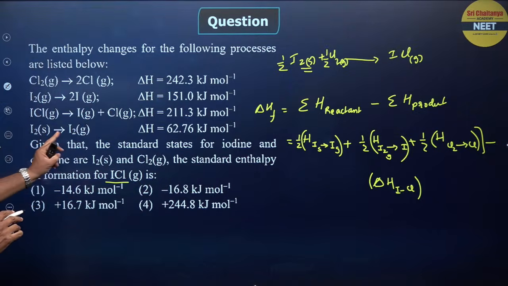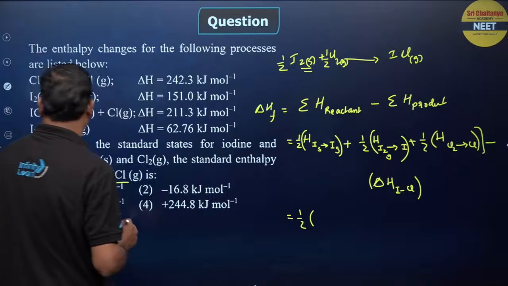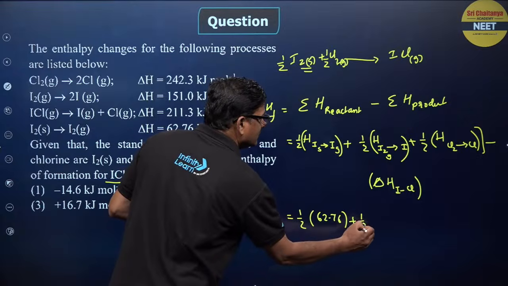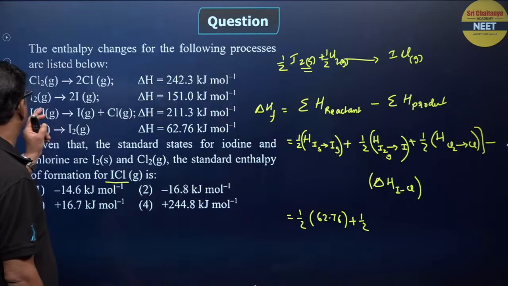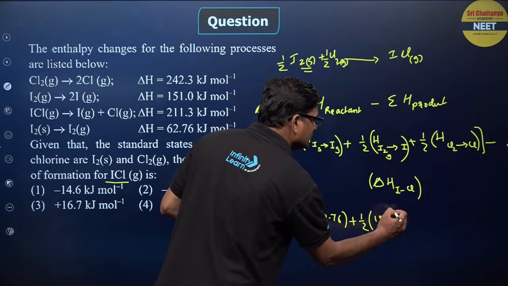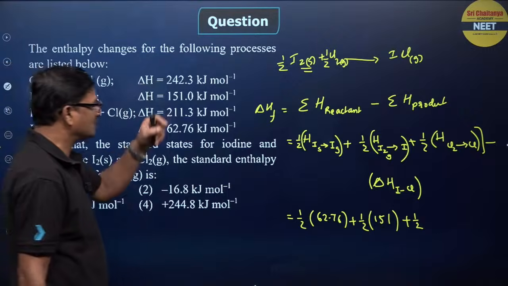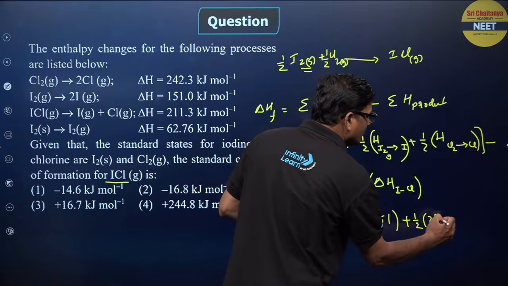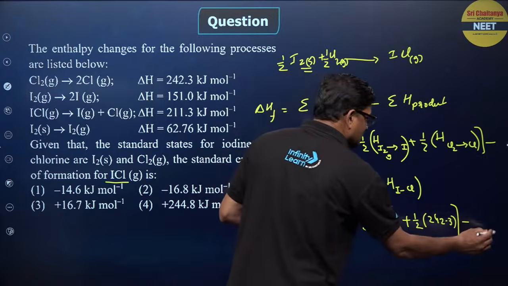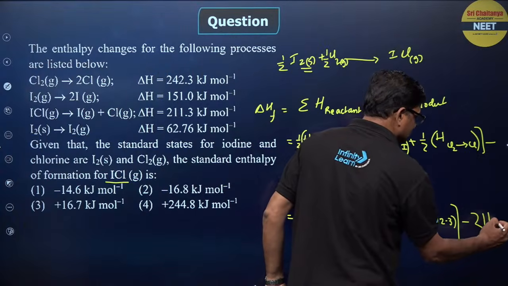Solid to gas, here it is going to be half, 62.76, plus half, gas to atomization, it is going to be 151, and plus half, chlorine dissociation, 42.3, minus ICl, which is given here as 211.3.